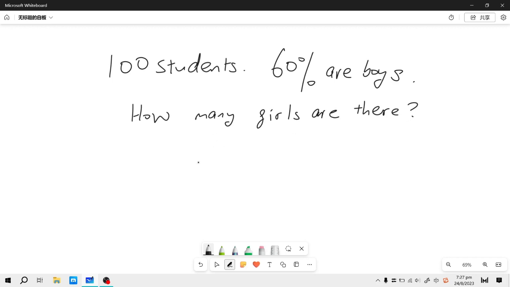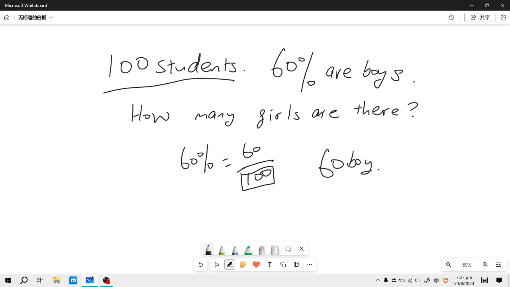So 60% equals 60 out of 100. So now the whole is 100 students. So now the denominator is luckily 100. So now we have 60 boys. So how many girls are there? So of course there's 100 students and you have 60 boys. So girls is 100 minus 60 equals 40. So that's our answer, 40.